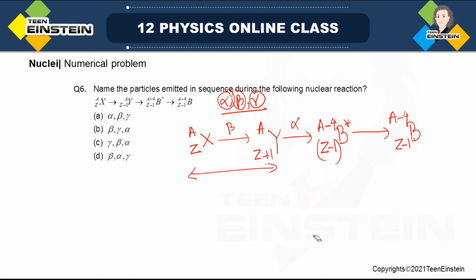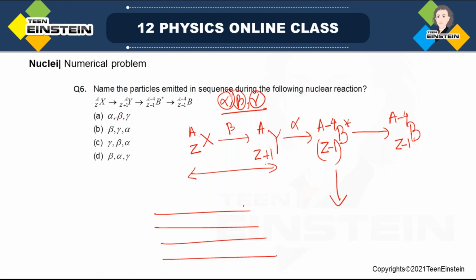Now you have to understand why this star is given here for the nucleus B, and then after some decay the star is missing. What does this signify? We have already discussed this. In atomic spectrum we have seen there are S, P, D, F, or maybe I can say ground state, then first excited state, then second excited state.